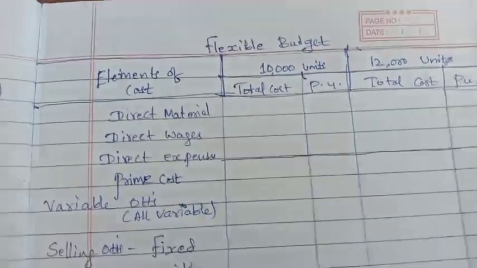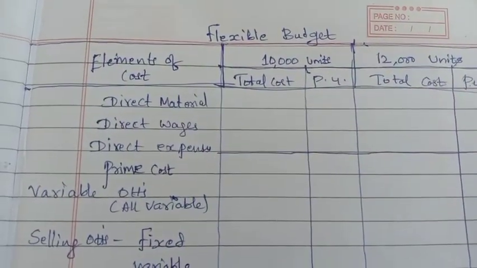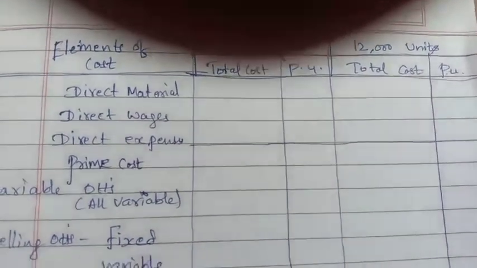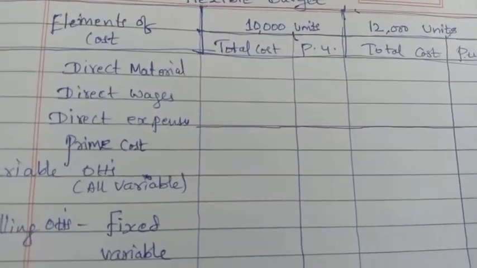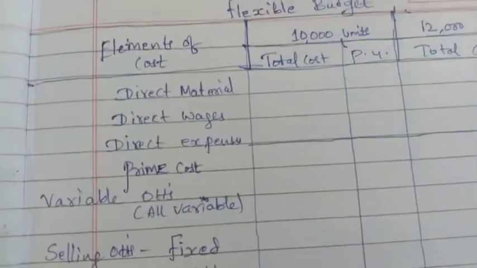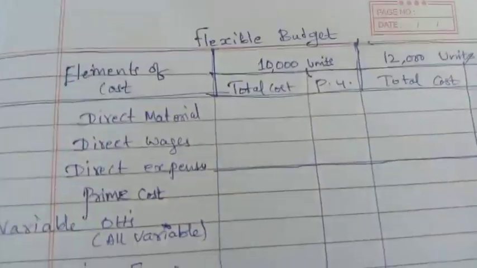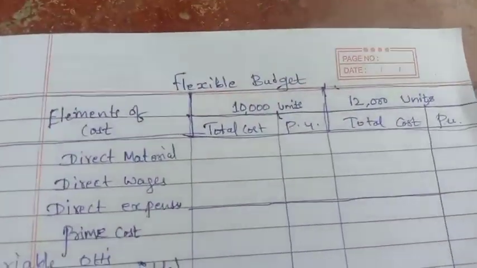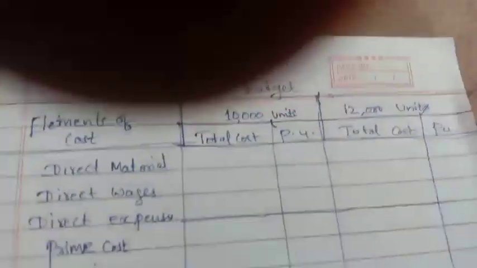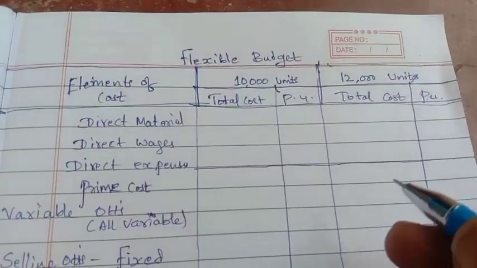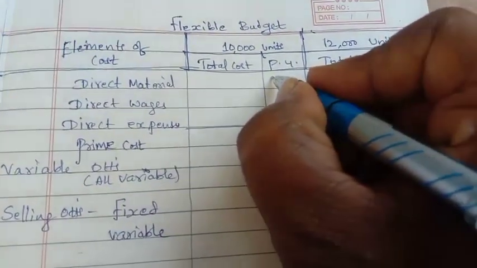For the statement we have to do it for 10,000 units as well as for 12,000 units. So 10,000 units for variable. See, direct material should always be treated as variable. Okay. Variable means rate is constant.